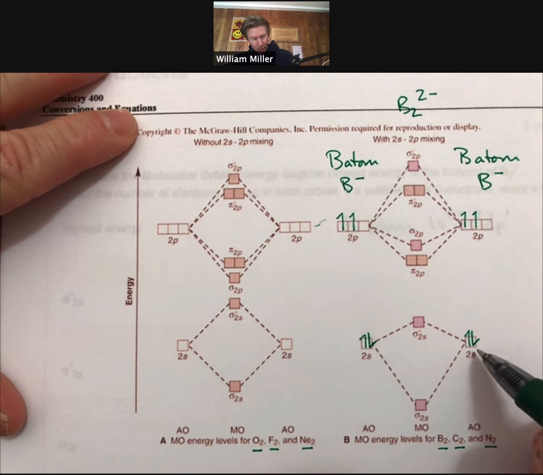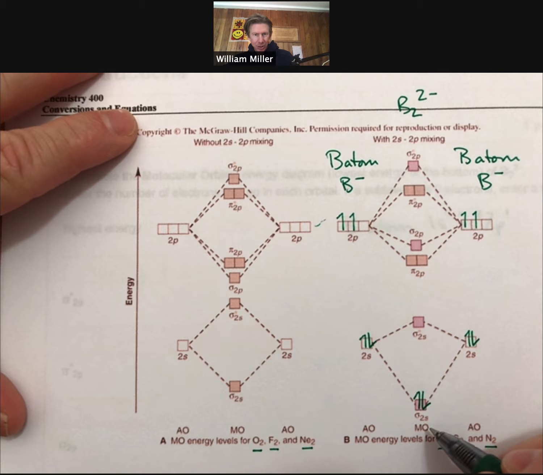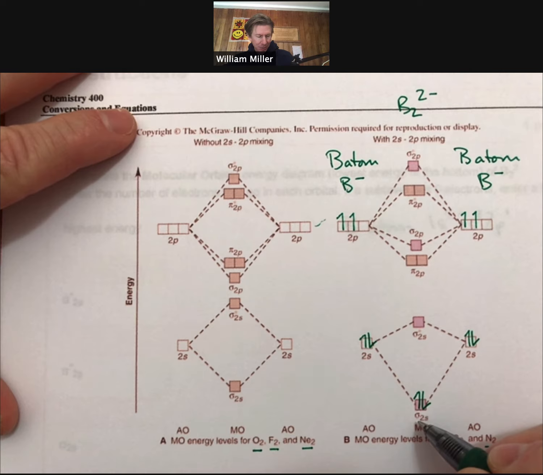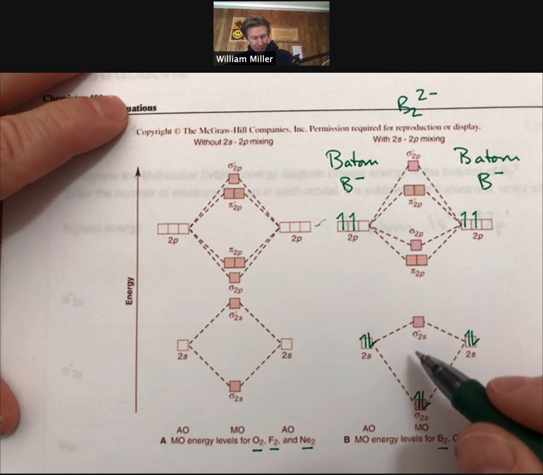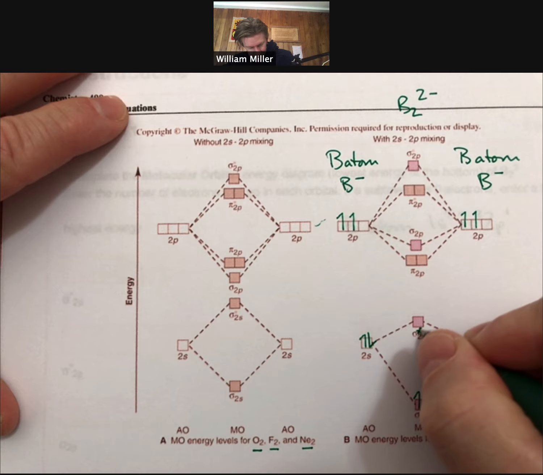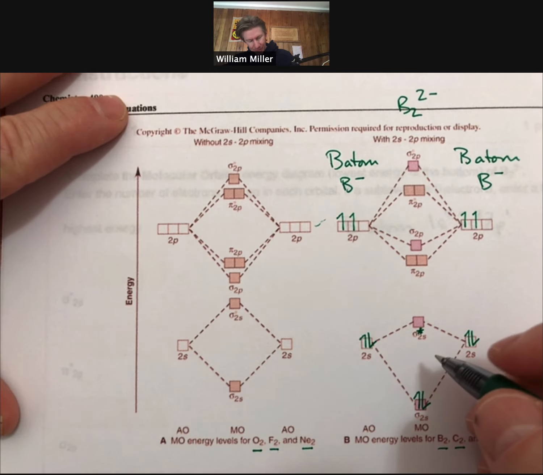I've got 4 electrons down here. The first 2 go in sigma 2s. That's the sigma bonding molecular orbital made from 2s orbitals. Then this is sigma star 2s, which is the anti-bonding molecular orbital made from 2s orbitals.